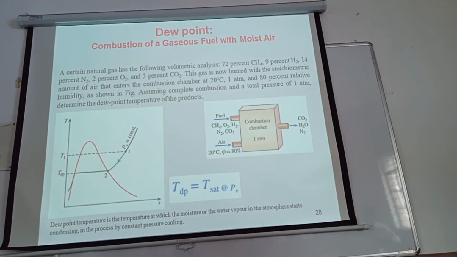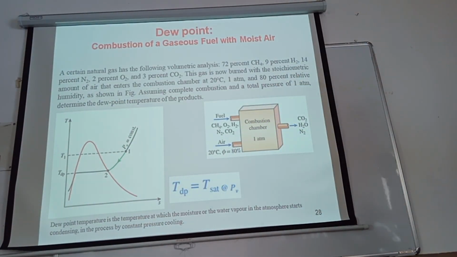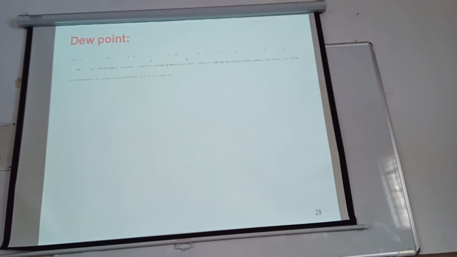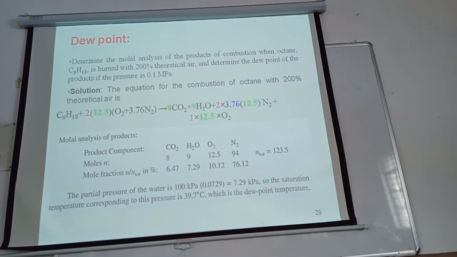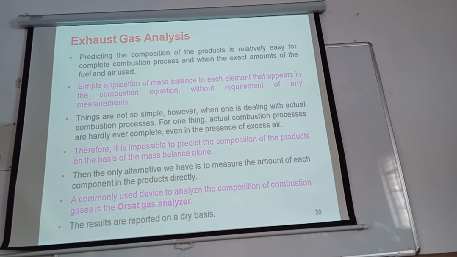So that is the dew point technology. So I ask you to bring the steam table tomorrow. Okay. So that way you can calculate the temperature, and this problem is solved, right?